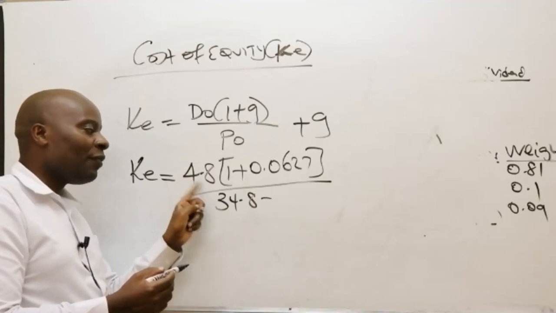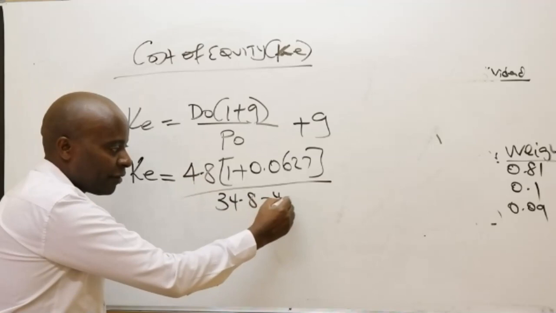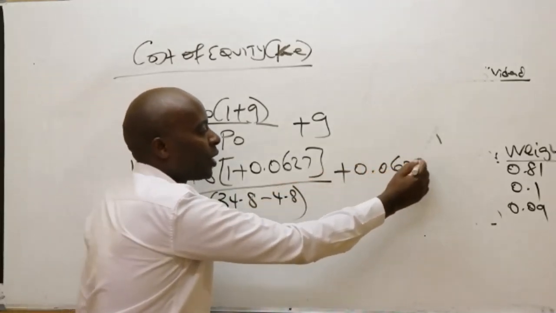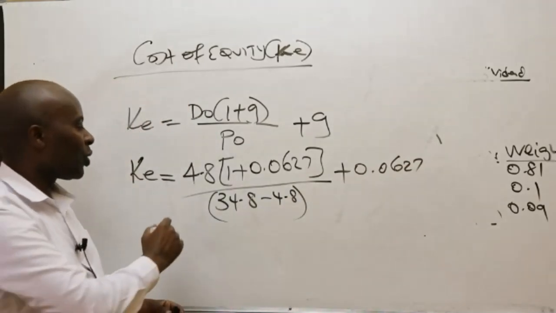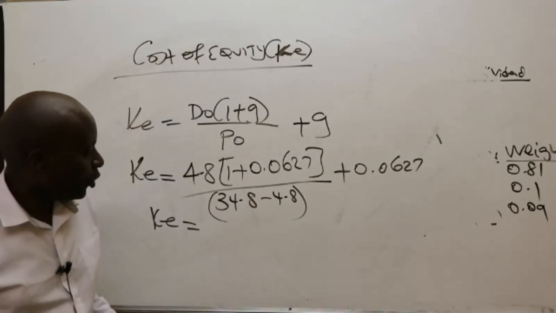If you remember from your section 3, the figure that you have here is cum div. You come and subtract 4.8 down here, plus the growth rate, which is 0.0627. So with that, you should be able to give us the cost of equity. Use your calculator as well.